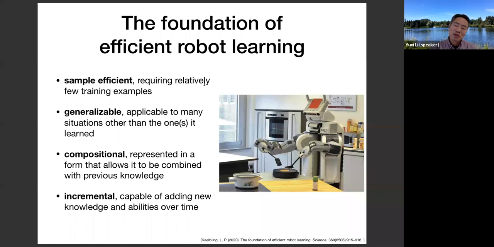But nowadays we are still working hard on this. Kipling gave us a talk about some challenges about sample efficiency, generalization, composition, and incremental learning, and gave some suggestions on these issues.